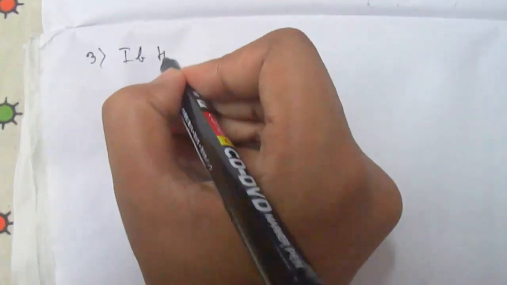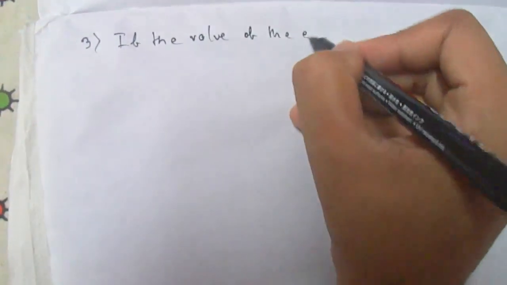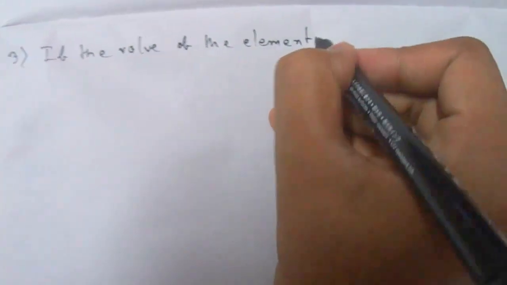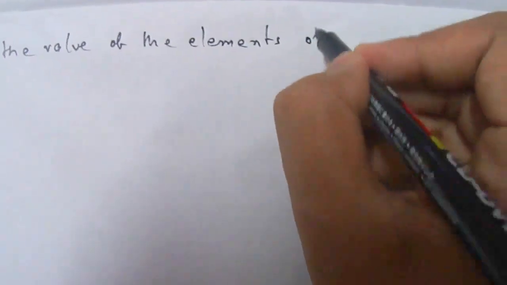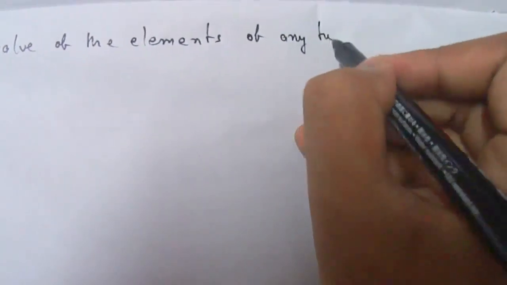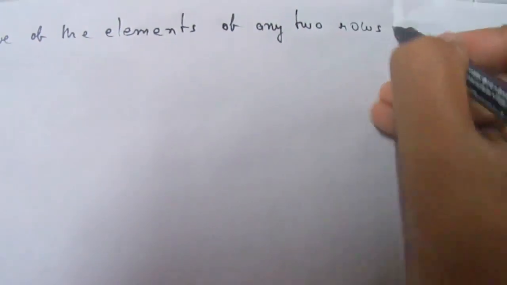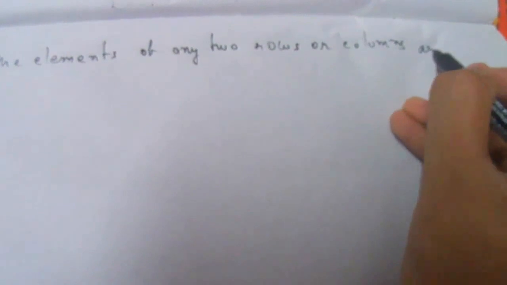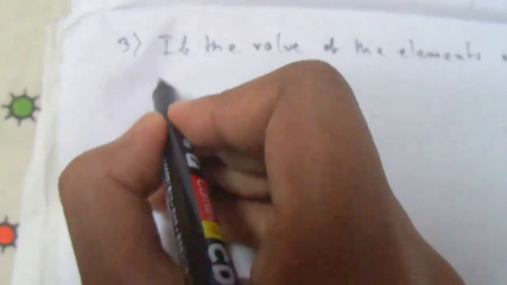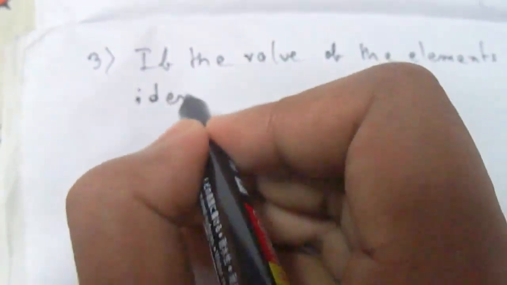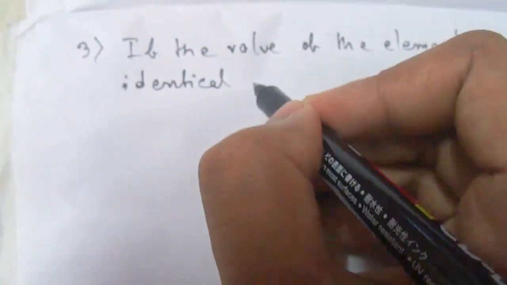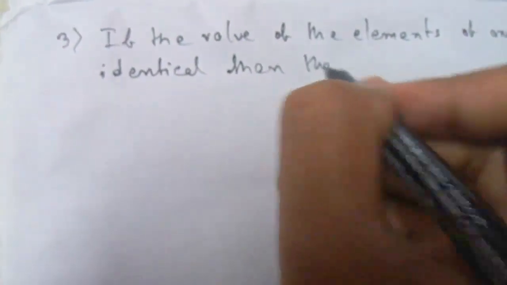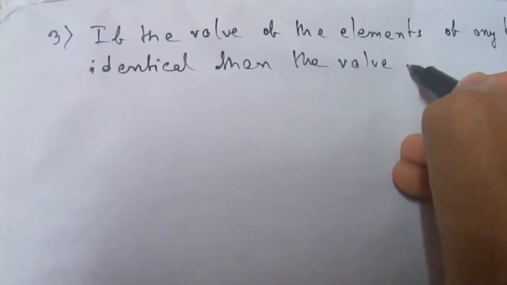Now our third property: if the elements of any two rows or columns are identical, then the value of the determinant becomes 0.